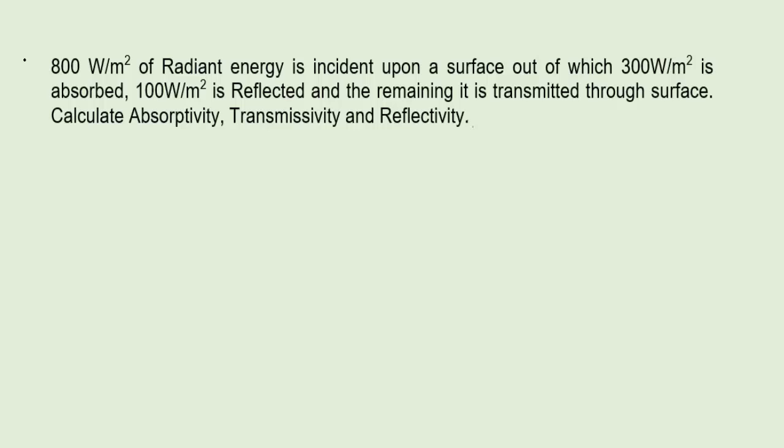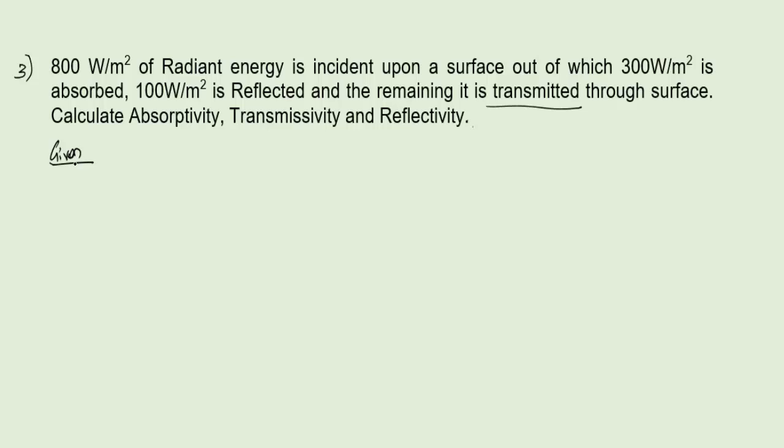Now go to the third problem. 800 watt per meter squared of radiant energy is incident upon a surface, out of which 300 watt per meter squared is absorbed and 100 watt per meter squared is reflected, and the remaining amount of radiant energy is transmitted through the surface. Just write the given data.